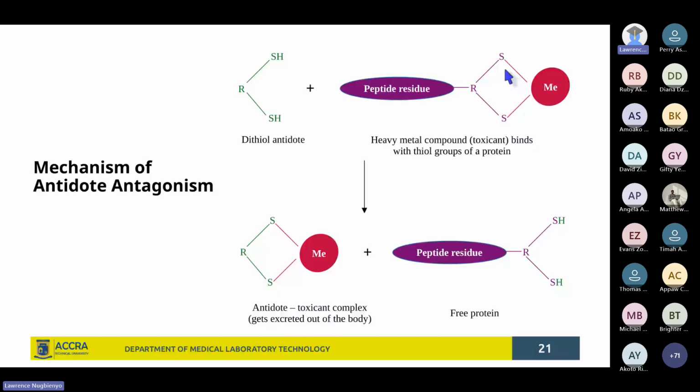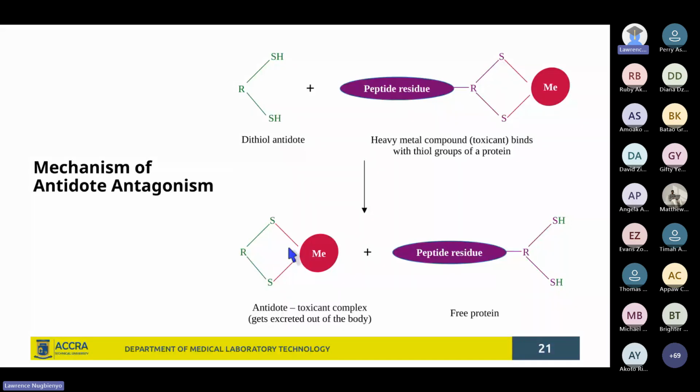But when a heavy metal comes to bind onto those cysteine residues, the antidote, looking very much like that particular part of the protein, can then come to bind to the heavy metal.